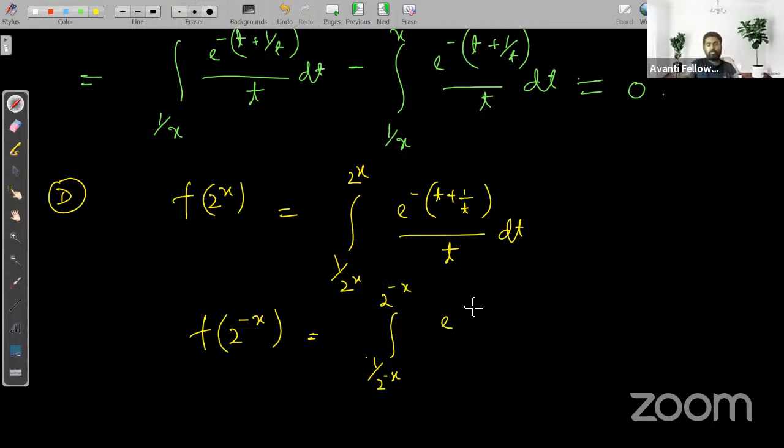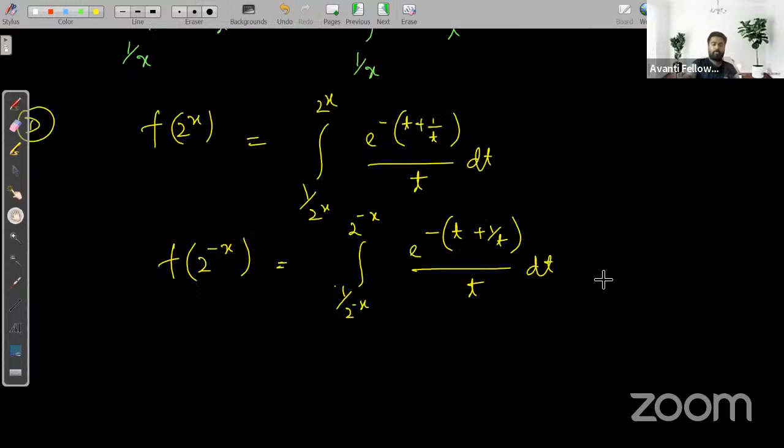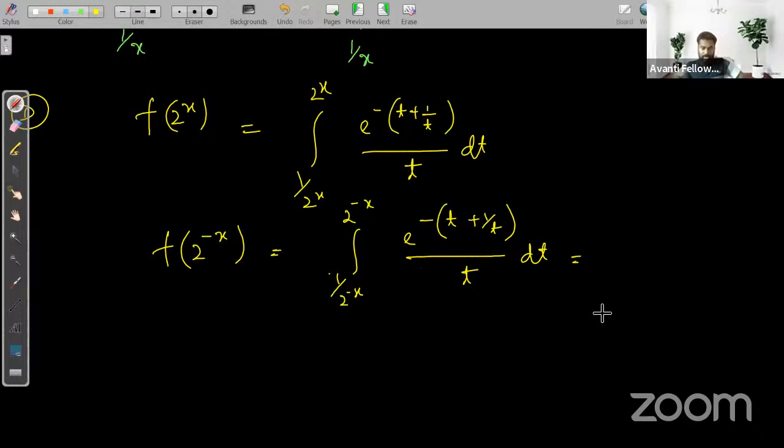The integrand remains the same, e raised to minus of (t plus 1 by t) divided by t dt. Now you can see my lower limit becomes 1 by 2 raised to x, that is 2 raised to x, and my upper limit becomes 1 by 2 raised to x.